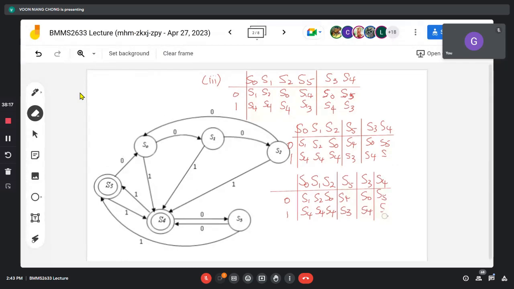S4 input 1 is S3, right? Correct. The S4 and S3 are in the same class, but 0 and 5 are in different classes. That's why we split the 3 and 4. Okay. Any more?